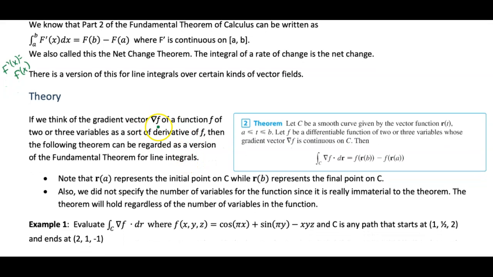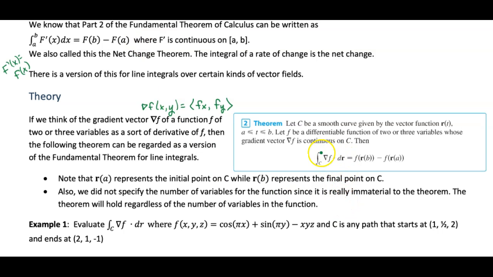Because if we think of the gradient of f as kind of a derivative of f, say in two dimensions, the gradient of f of x and y would just be a vector of the partial derivative of x and the partial derivative of y. So if we can think of this as sort of like a derivative, then we can apply this fundamental theorem of calculus to curves.